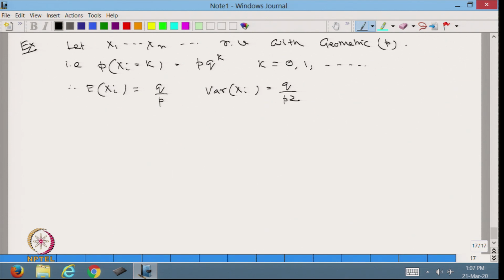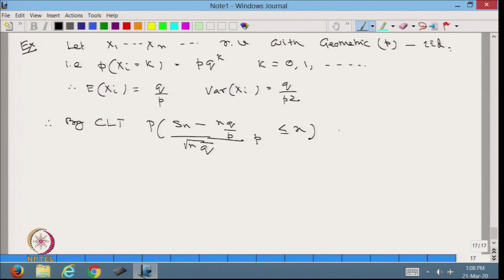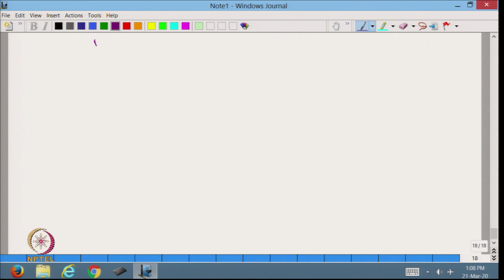I missed that. These are all IID. Therefore, by the central limit theorem, the probability that (Sn minus nq by p) upon root over n q by p square is less than or equal to x converges to phi of x as n goes to infinity. Let us now solve some numerical problems.